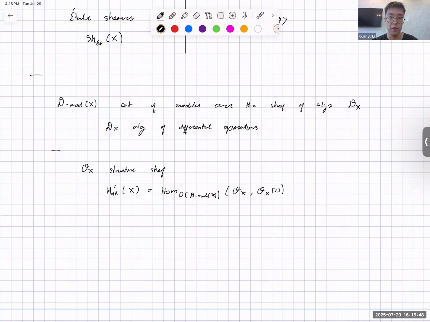So how do you view O_X as an object inside D-modules?